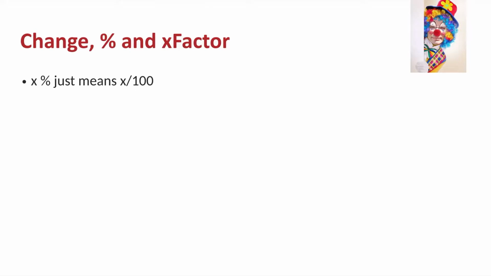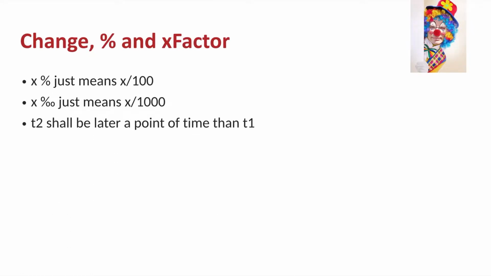So first of all, X percent just means X hundredths, so X divided by 100. And X per mil just means X thousandths, so X divided by 1000. And now we have to define two time points, T1 and T2.